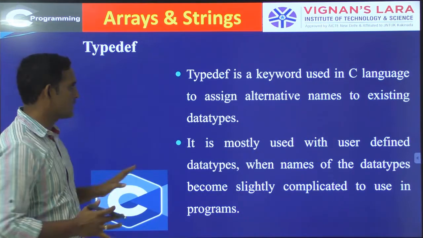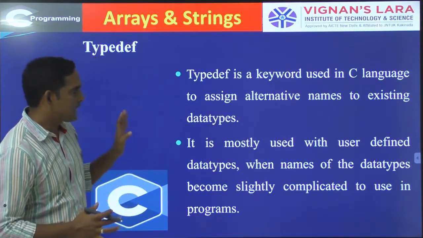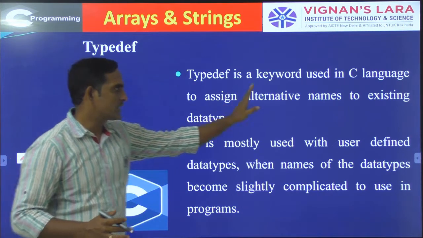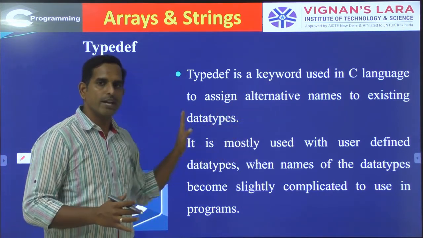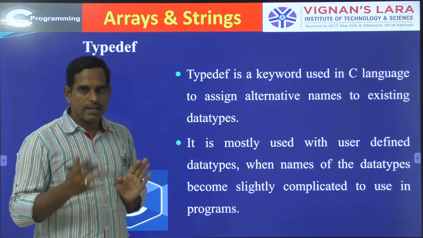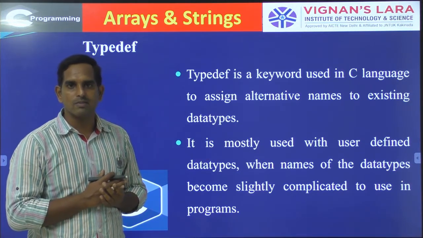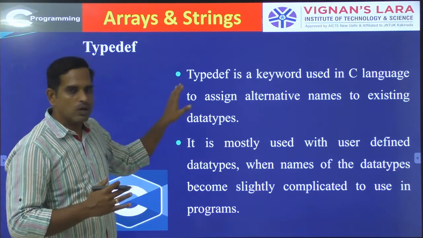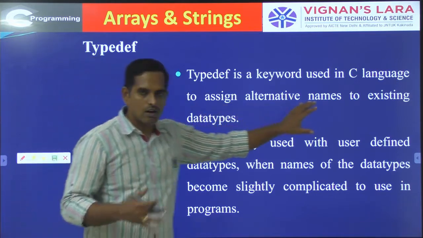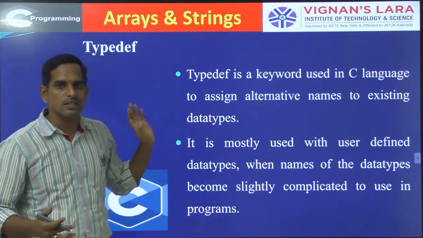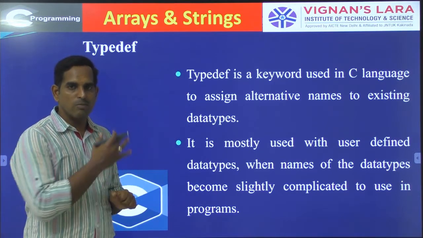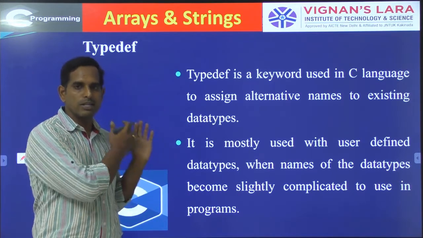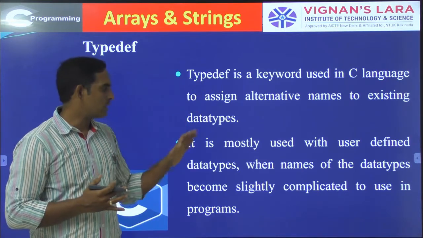And the last topic is Typedef. Typedef is a keyword used in C language to assign alternative names to existing names or existing data type names. Whenever you want to have a new name or alternative name for existing names, you will be using Typedef.